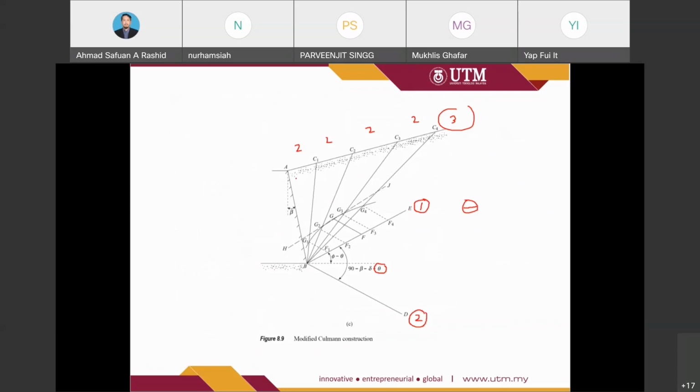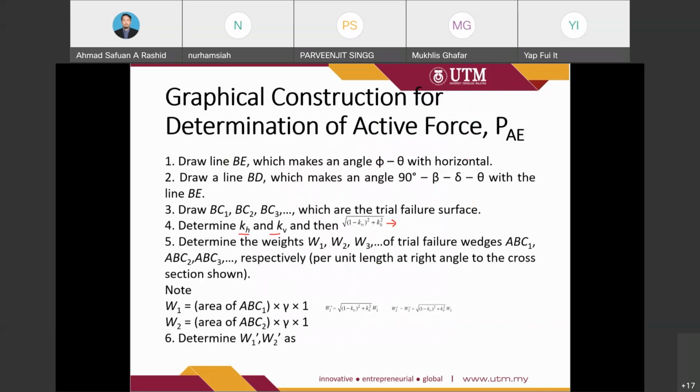So we have here W1, here W2, W3, and W4. From there we may multiply W1 with the square root of 1 minus KV square plus KH square to get the W prime.